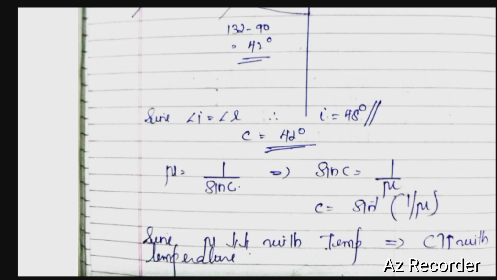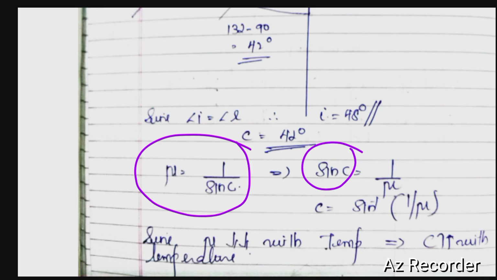Now a question is asked: what happens to the critical angle when the temperature is increased? We know the relation that refractive index is equal to 1 divided by sin C. On cross multiplying, sin C is equal to 1 by refractive index, or C is equal to sin inverse of 1 by refractive index. We already know that the value of refractive index decreases with increase in temperature.